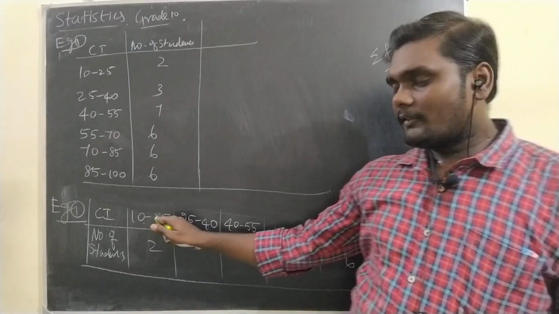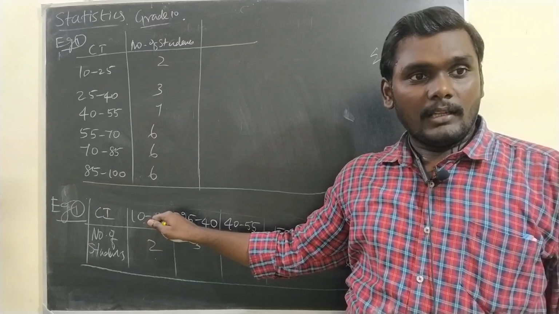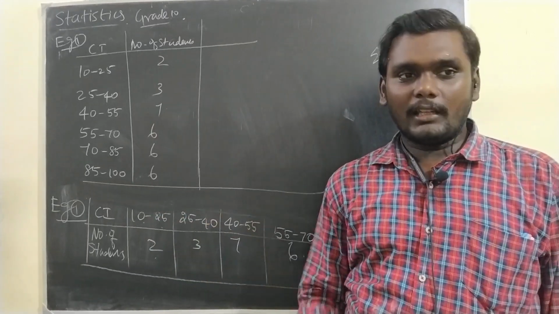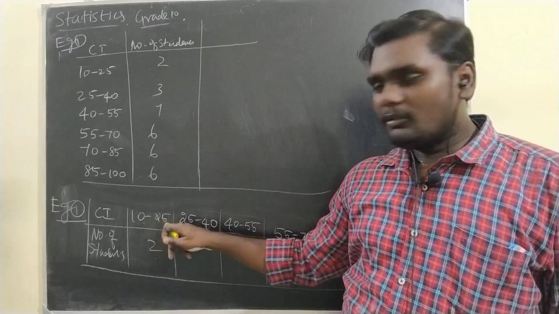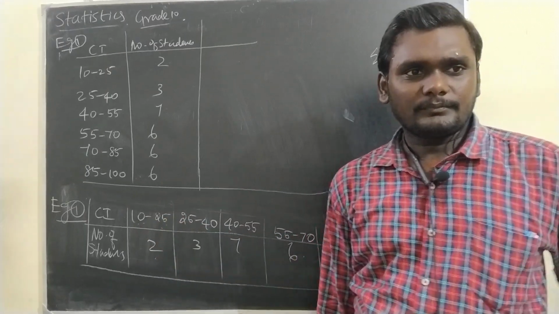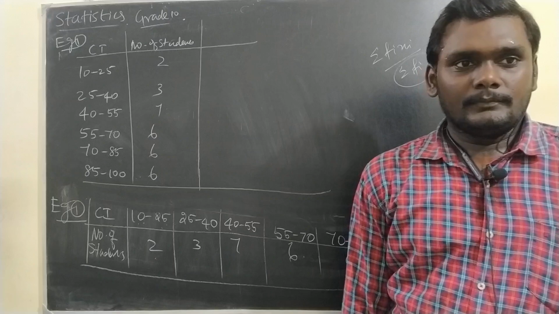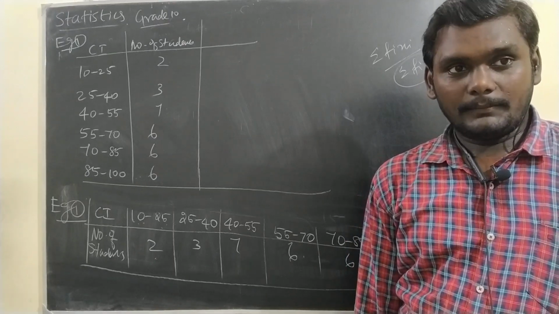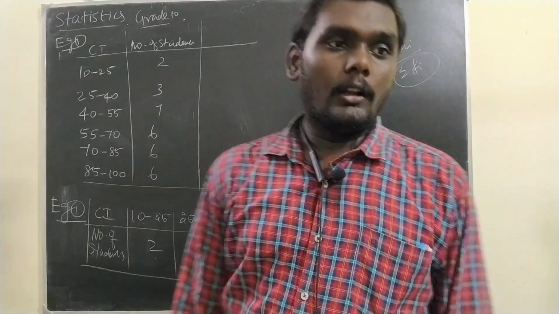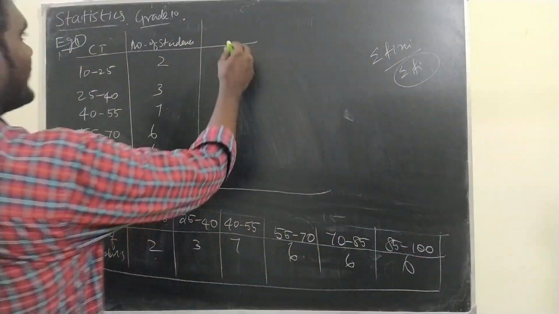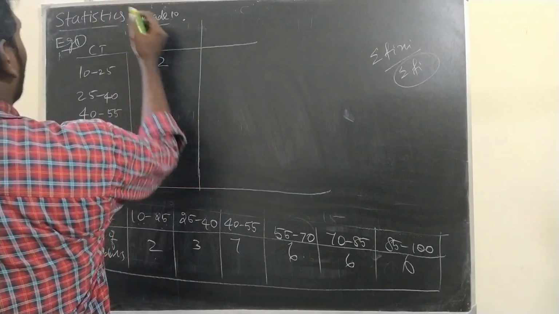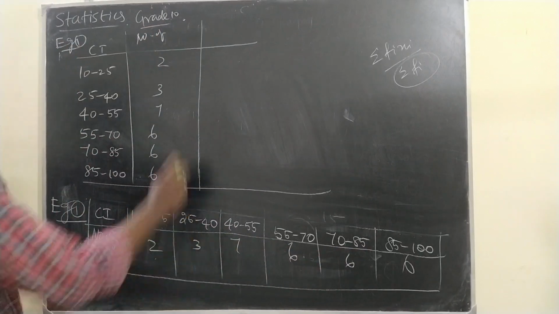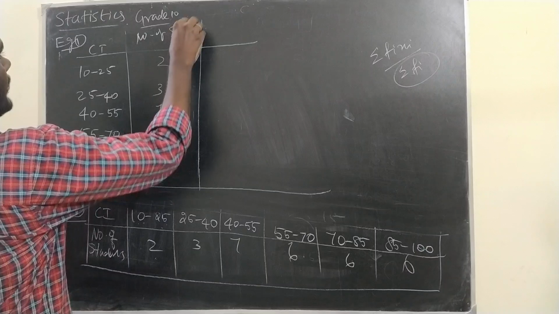Fi xi means marks we have to multiply, right? In the previous example, 3 marks, 2 persons got, so 2 into 3 we got. Now here, 10 to 25, which mark will we choose? The midpoint. How do we call the midpoint? That is called the class mark. So the number of students, whatever comes in the below row, is always fi, man.